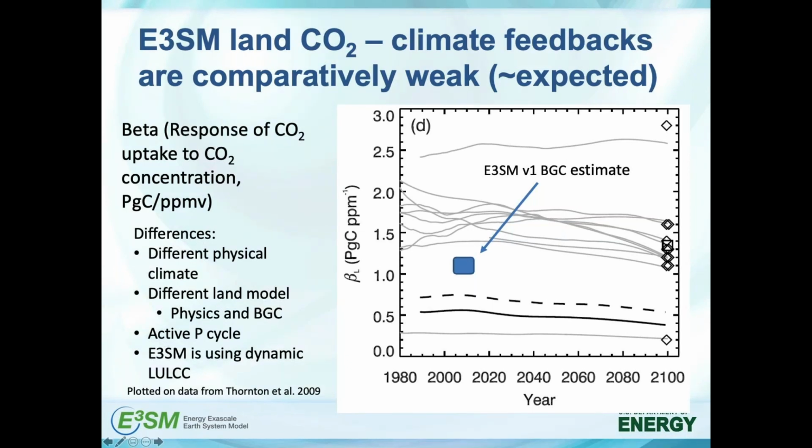And I'm just indicating with this blue square on top of there where our model sits with respect to those other estimates. It turned out that the ECA and CTC models actually gave quite similar values for the beta parameter, from 1 to 1.2 on this scale of petagrams carbon per ppm. And they're mostly lower than the CMIP5 models were in their values of beta, which is consistent with the progressive nutrient limitation hypothesis.